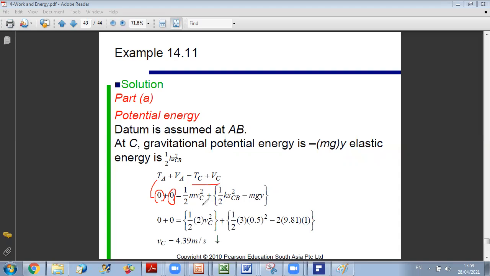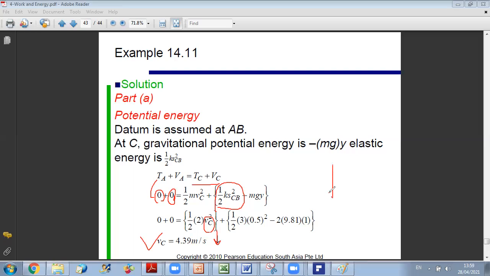At the final state, I have half m Vc square plus the potential elastic energy, which is half k_s delta L at C square, minus mg times y. So here, the only unknown will be Vc. I can calculate the value of Vc. Of course, I get Vc square, but why will I select the downward direction?